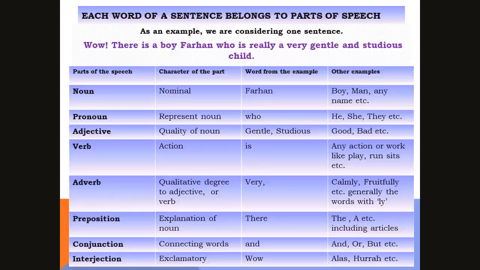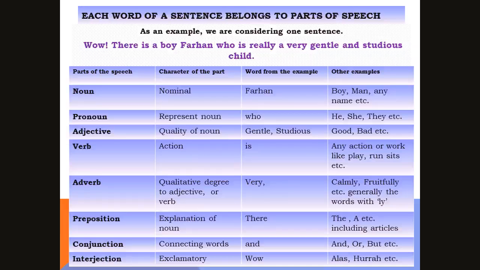Saying Farhan, Farhan, Farhan, or any name repeatedly in a sentence will not be very good, and it will also bore you. So, instead of using the same name, we can use the pronoun. There are so many examples like he, she, they, all are pronouns.